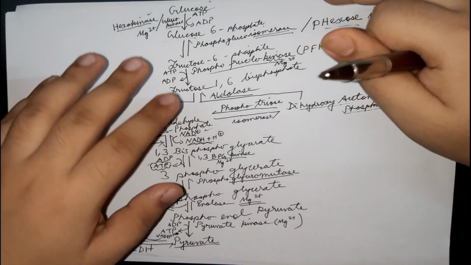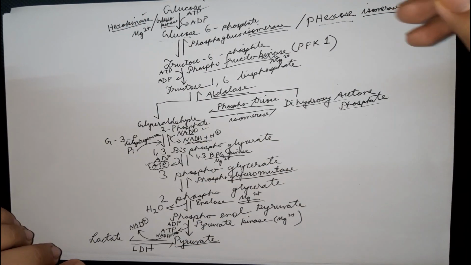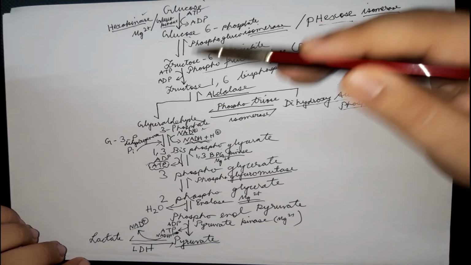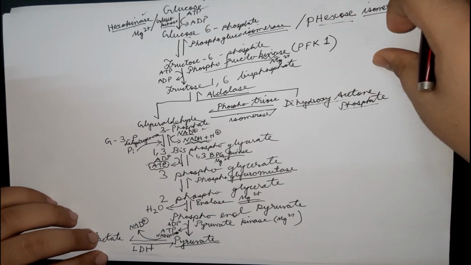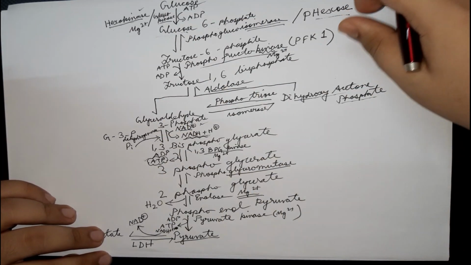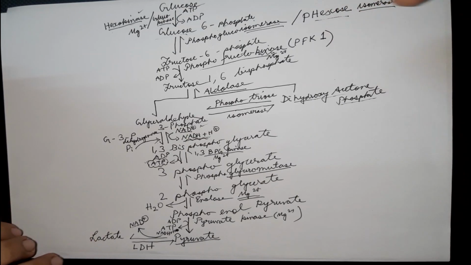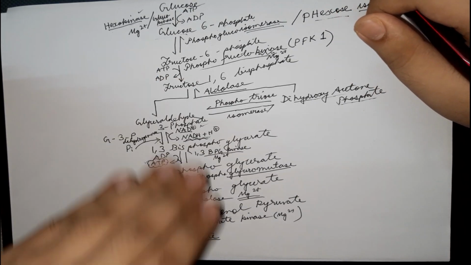So this was the page where we left off, and it's looking quite messy. So we are going to pick a new page, and this is essentially what glycolysis looks like. I think everybody already knows all the different steps of glycolysis.